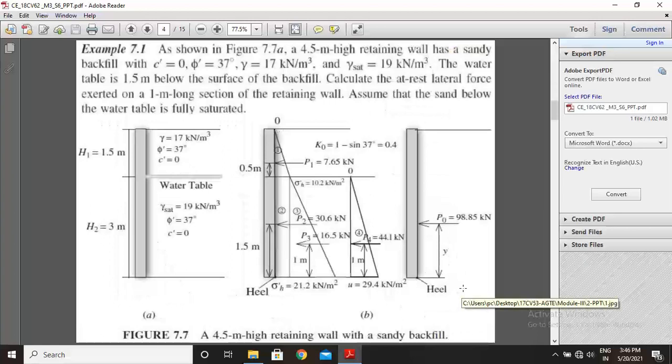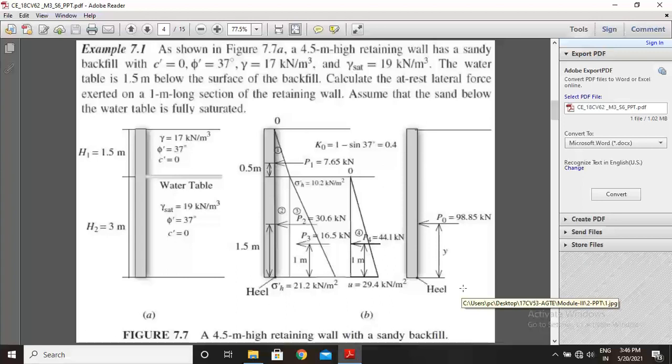See, this is one numerical problem. As shown in figure 7.7a, a 4.5 meter high retaining wall has a sandy backfill with c' equal to 0, phi' equal to 37 degrees, gamma equal to 17 kilonewton per cubic meter, and gamma saturated equal to 19 kilonewton per cubic meter.